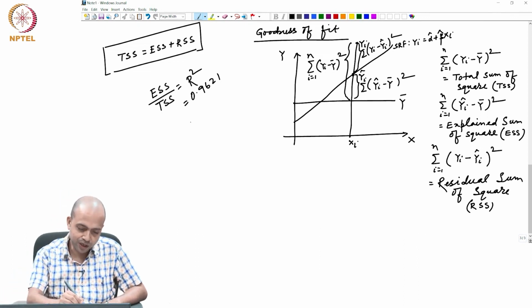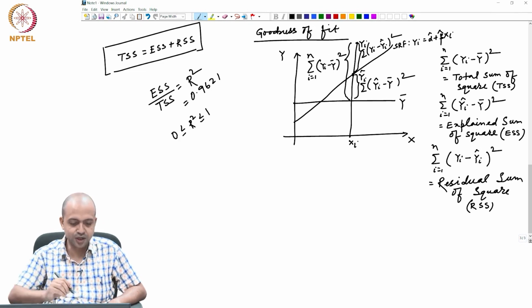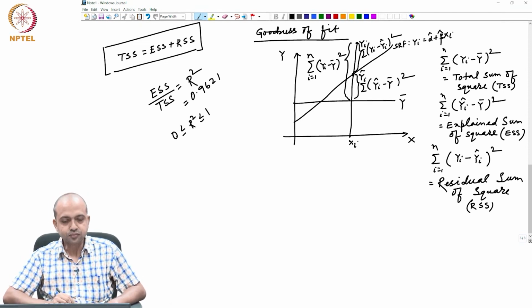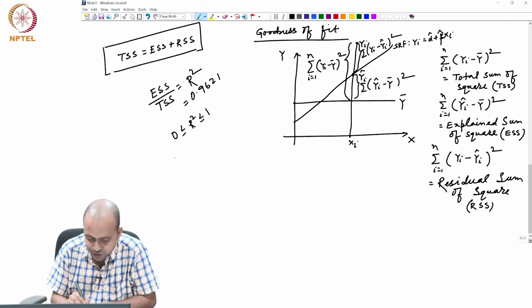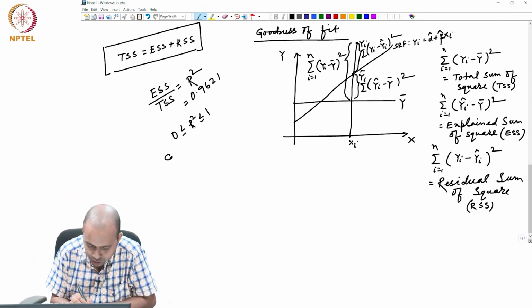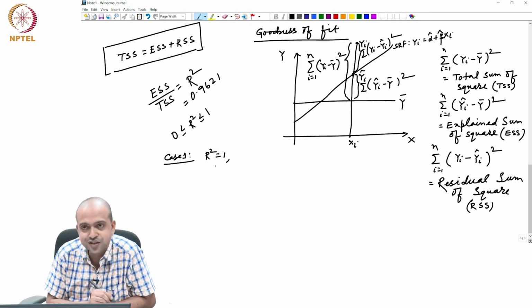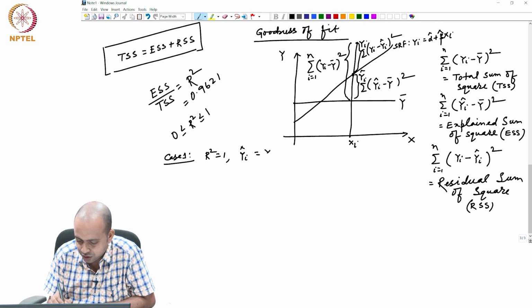You have to keep in mind that R square lies between these limits. Case 1: let us say R square equals 1, that means your yi hat is your yi.